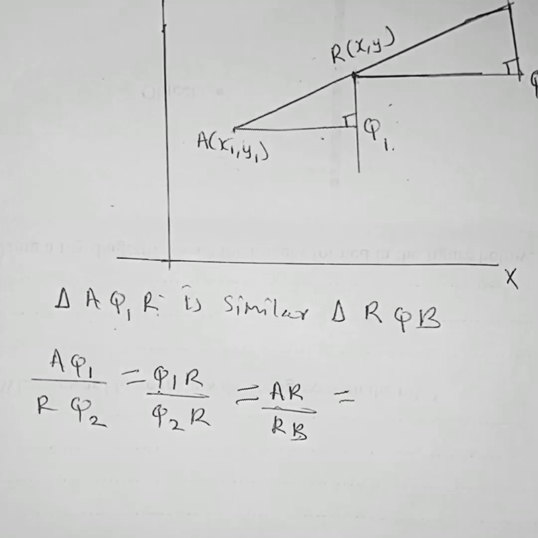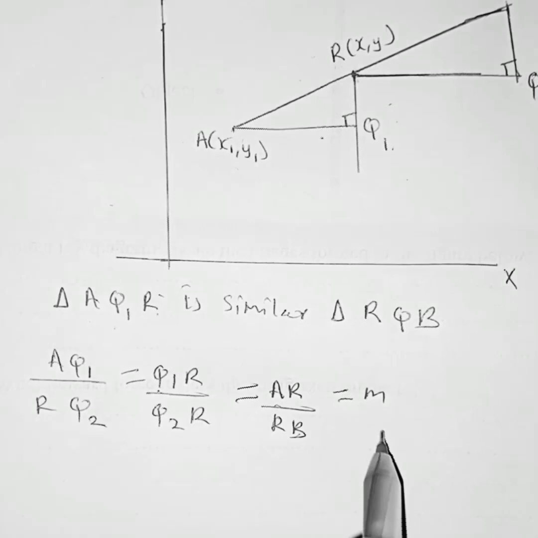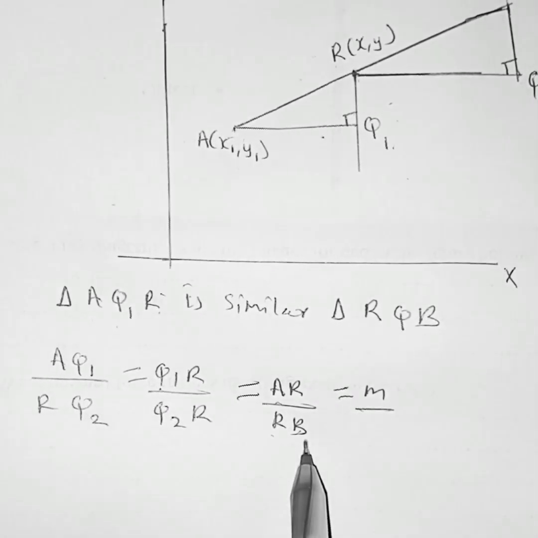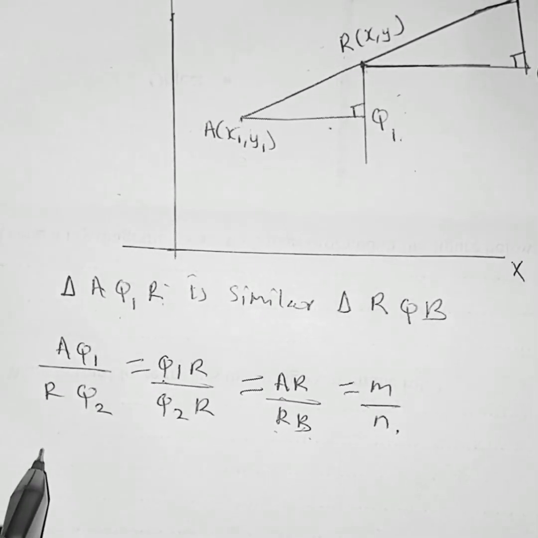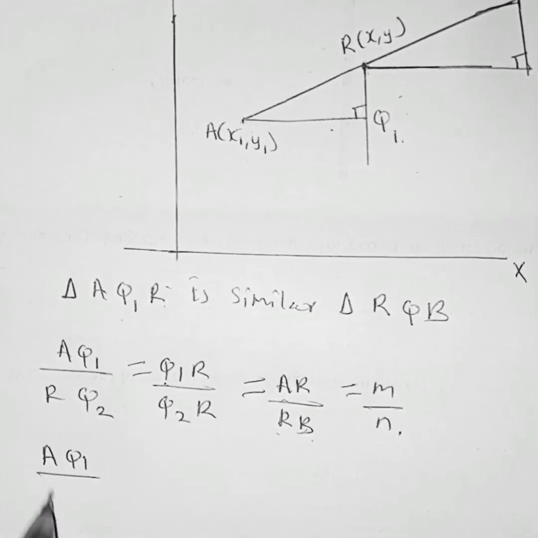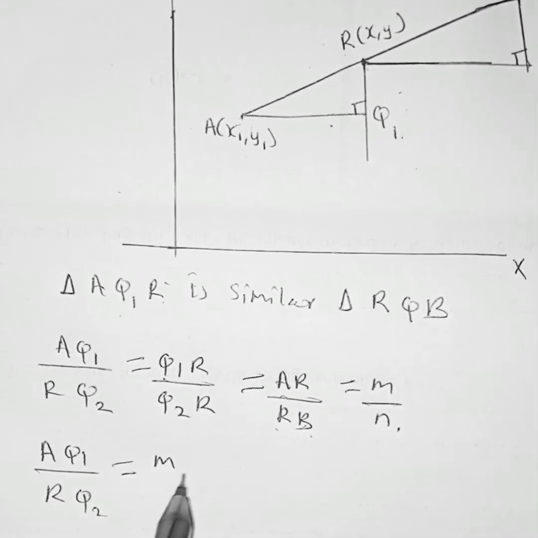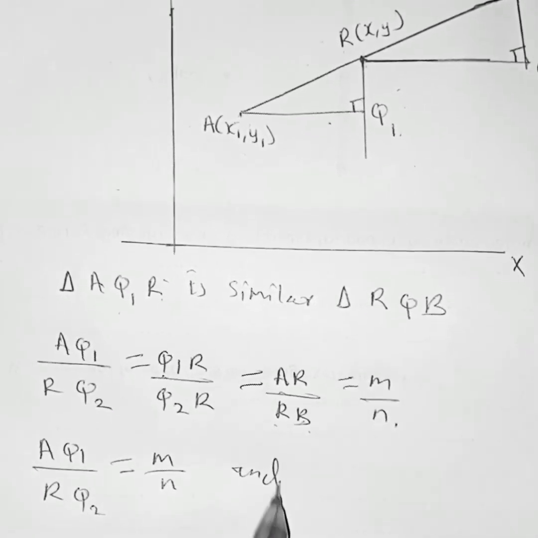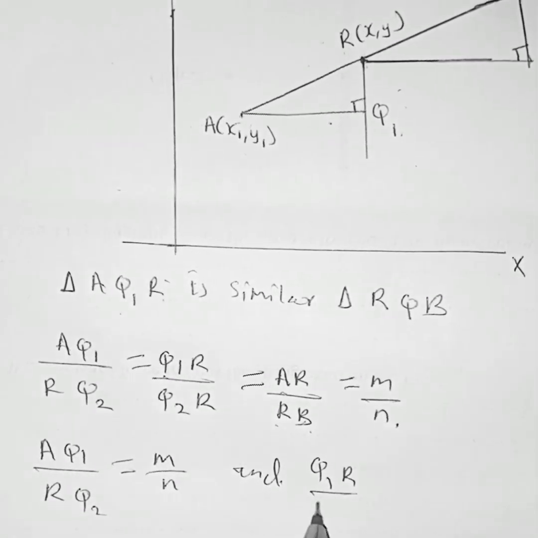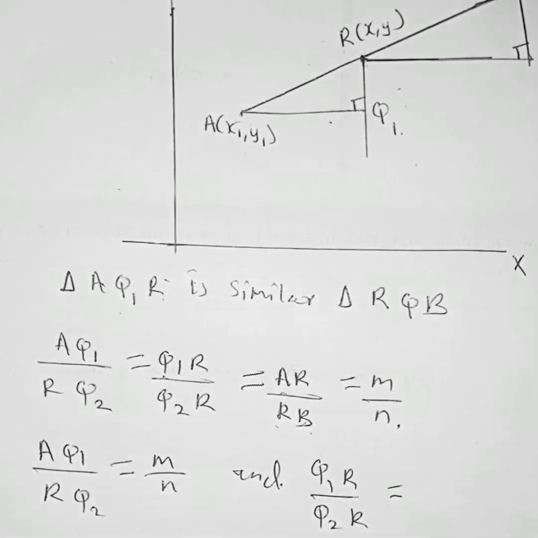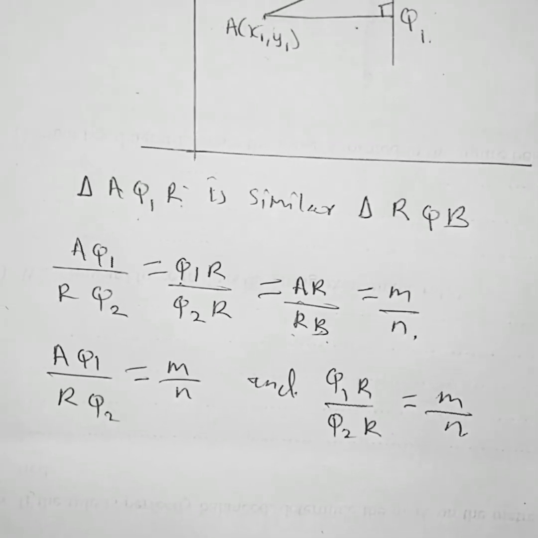But from the ratio, AR is m and RB is n. This ratio tells you that AQ1 over RQ2 is the same as m over n, and Q1R divided by Q2R is equal to m over n. So that is the implication.